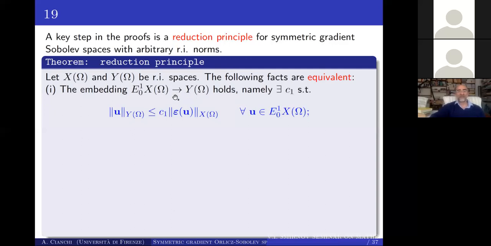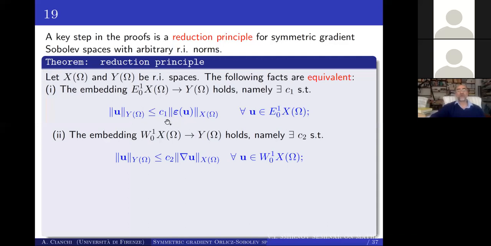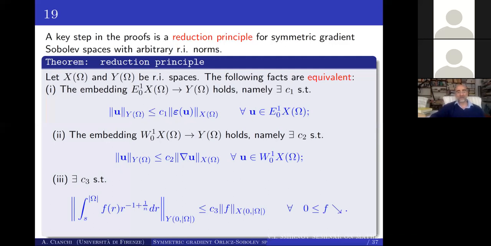The first one is that we have this embedding from the symmetric gradient E1X into the space Y. The second one is that the same embedding holds if instead of having symmetric gradients, we have full gradients with the same spaces X and Y. And the third statement is this reduction, which says that these two things are equivalent to this inequality here, which is sometimes called the Hardy type inequality because it involves some primitive of a one-dimensional function f times this power, that has to hold for any non-increasing functions. So it's even restricted to non-increasing functions.